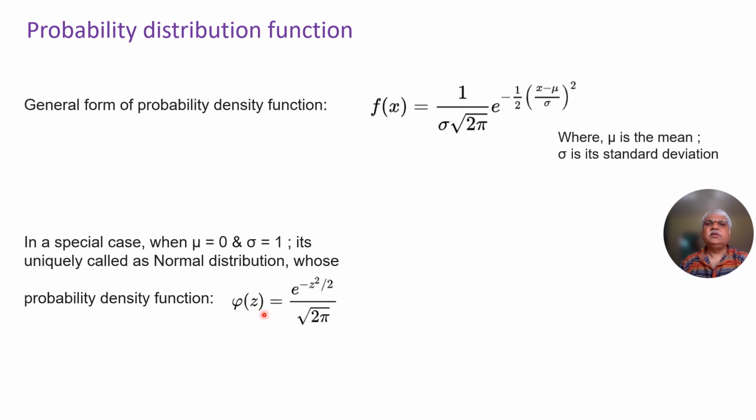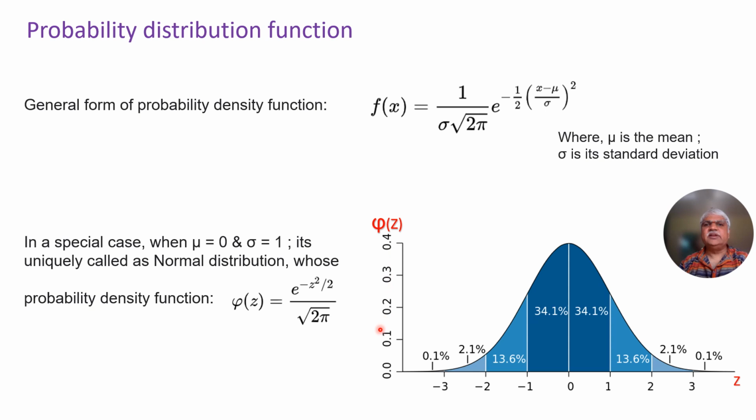So this is the new function, and this function is represented in this fashion, with mu equal to 0 and sigma equal to 1.